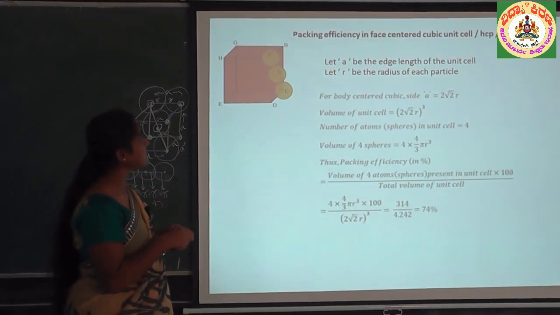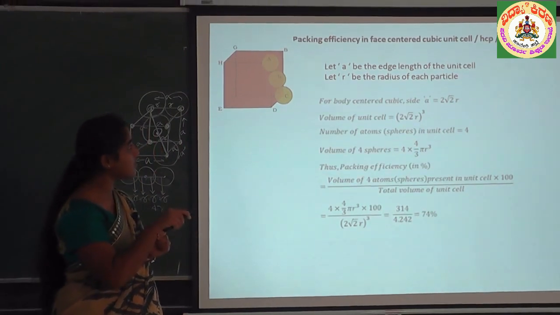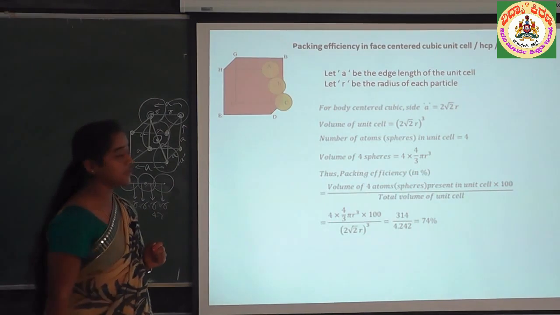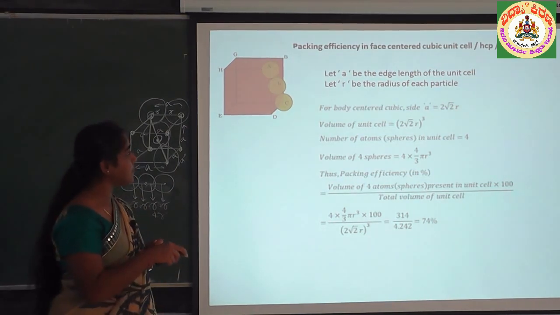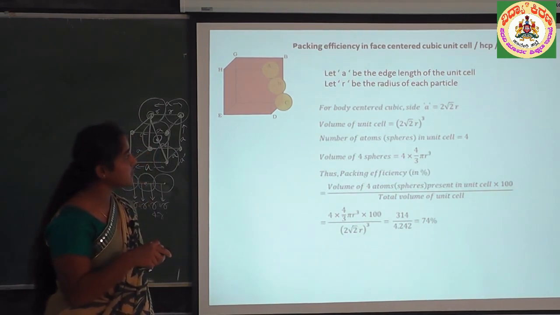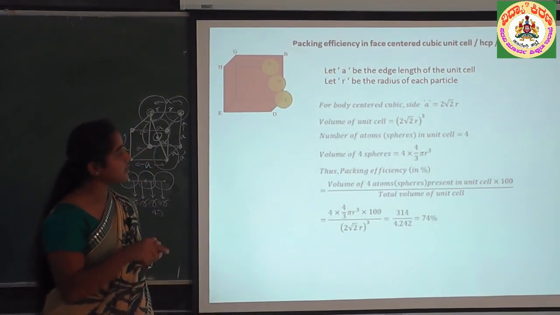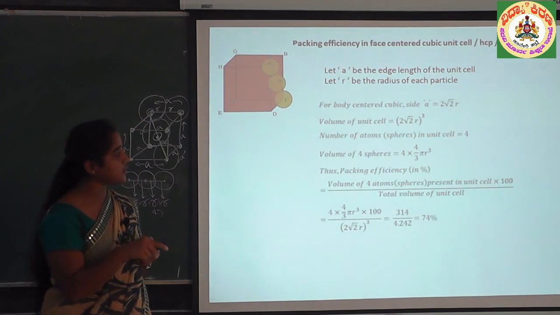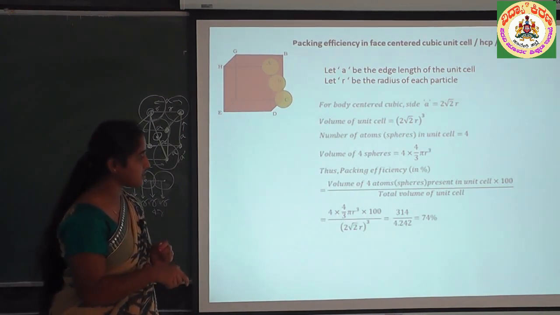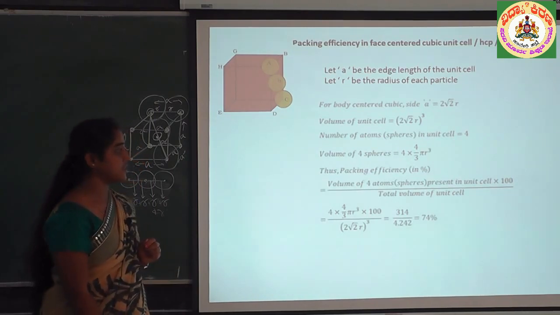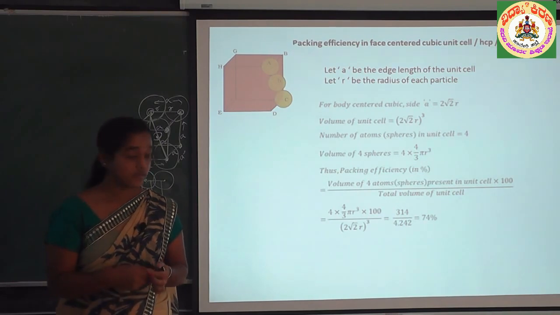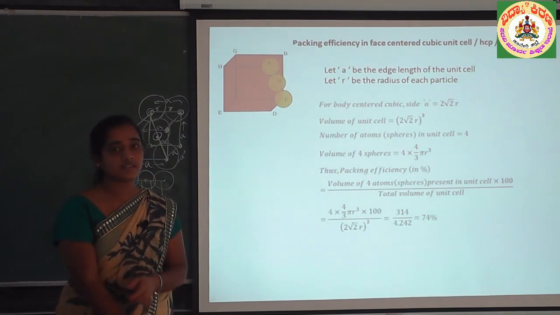In this case, A is the edge length, and for a face centered cubic unit cell, A equals 2 root 2 R. By the Pythagoras theorem we calculate this A. The volume of the unit cell is A cube, that is 2 root 2 R whole cube, and doing these calculations we end up with a packing efficiency of 74%.